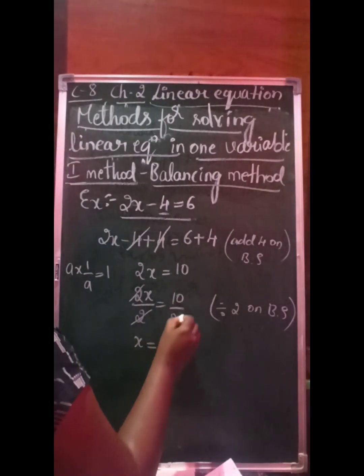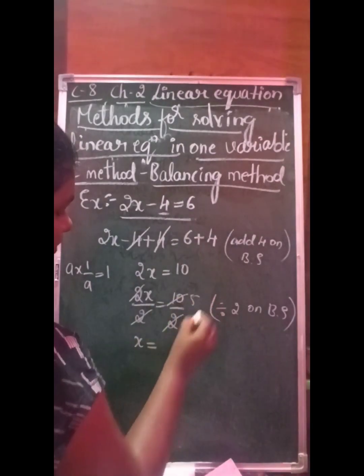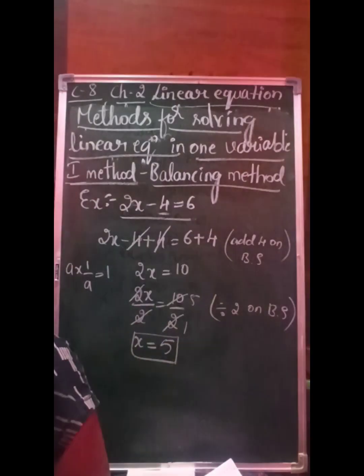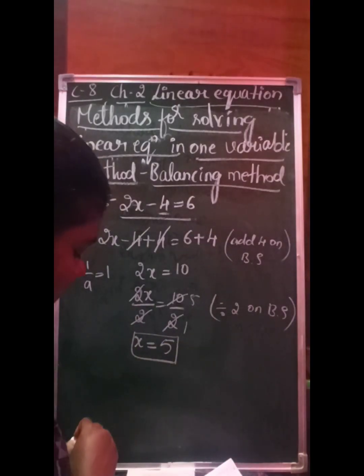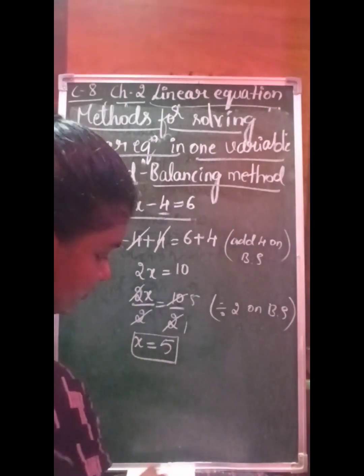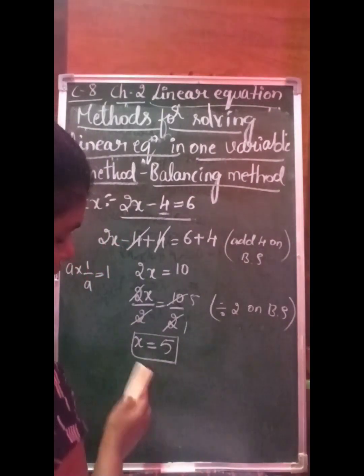Cancel this: 2 ones are 2, 2 fives are 10, so x equals 5 you will get. So this is the first method of solving the linear equation. Try to solve another one.